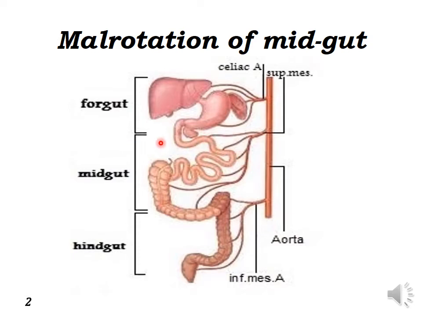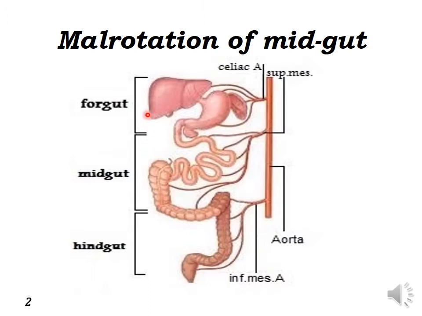While the midgut is from the DJ, jejunum, ileum, cecum, appendix, ascending colon, up to the mid-transverse colon or two-thirds of the transverse colon. The rest of the gastrointestinal tract, the anal canal or anus, is the hindgut.